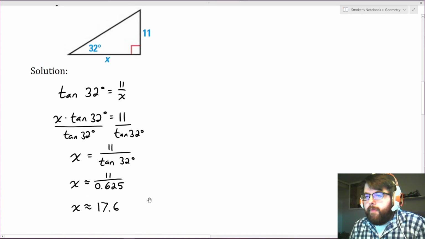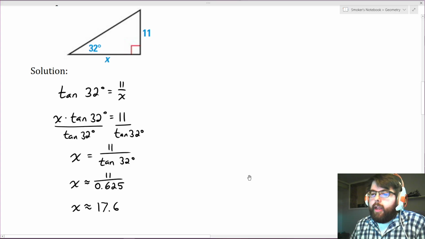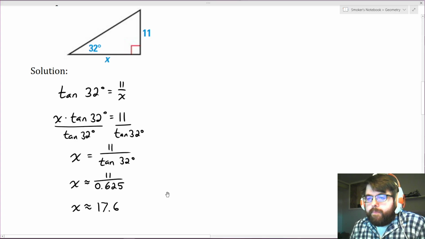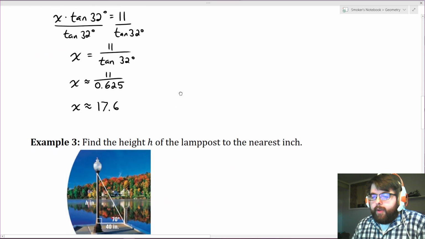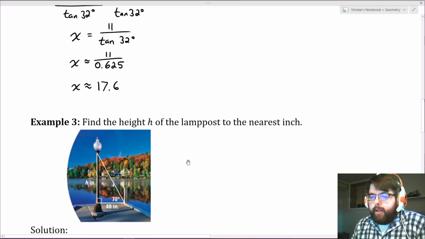If this problem was more involved and you were using that number again, then you should probably keep 3 decimal places until you're at the end. You don't want to round and then reuse that number elsewhere, because then if you're multiplying by it, you're magnifying the rounding error even more. So 17.6.